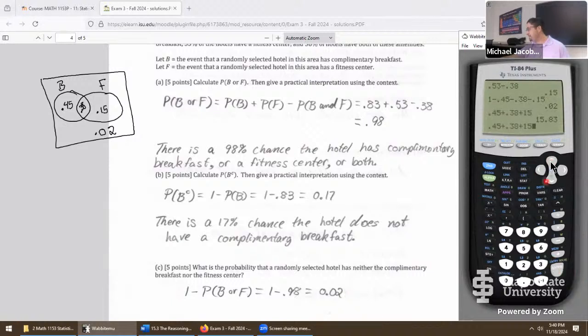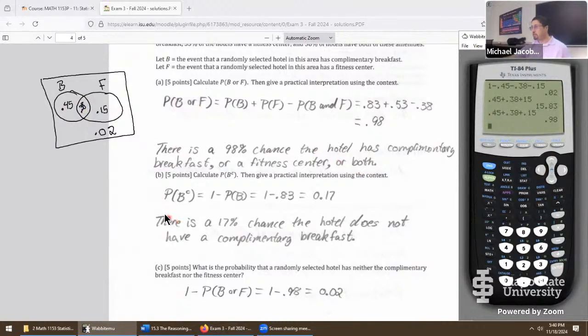It works if you put it in right. Okay, that's now a 0.15, and it comes out at probability 0.98. So either the direct formula or the Venn diagram analysis will give us that value. And by the way, now that we've calculated it, the probability of B or F is the probability of having a complimentary breakfast, a fitness center, or potentially both. When we say 'or both,' we're referring to that 38%.